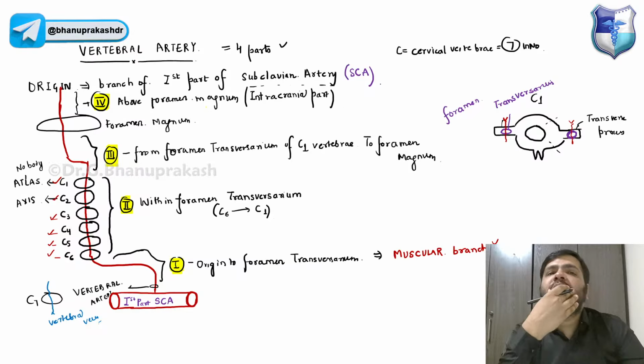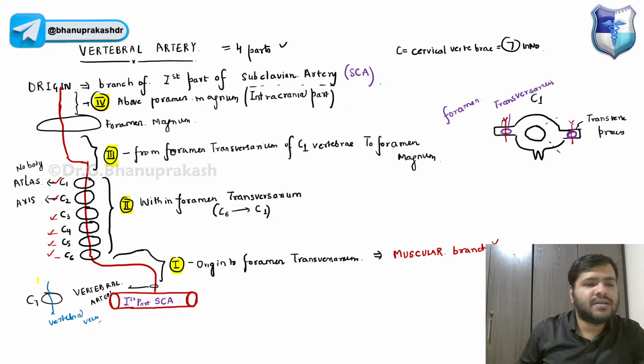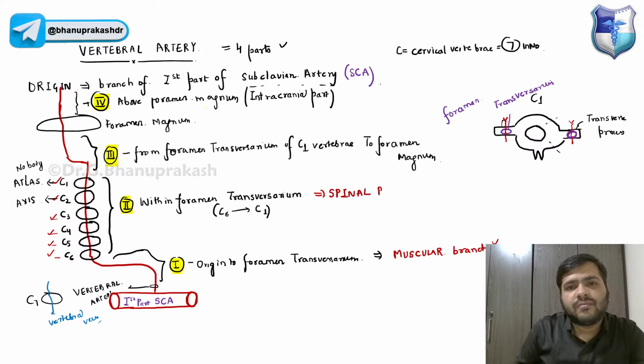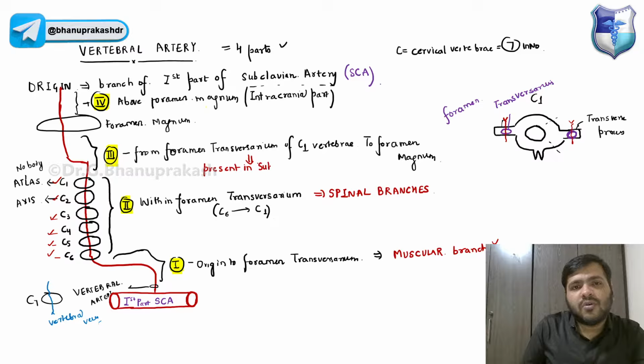Now, guys, remember over here that the fourth part will be giving off certain branches. Remember the first part, it is giving muscular branches. The second part, it is giving spinal branches. The third part, guys, remember it is in the suboccipital triangle.